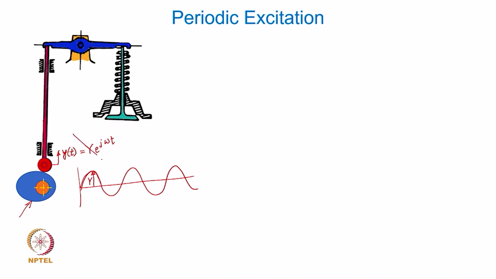So, this particular assumption of ours that the base is going to move with a harmonic pattern or a motion is really not strictly valid in all cases, of course. In many of the situations we have discussed that yes, we can assume the excitation to be harmonic, and it suffices.